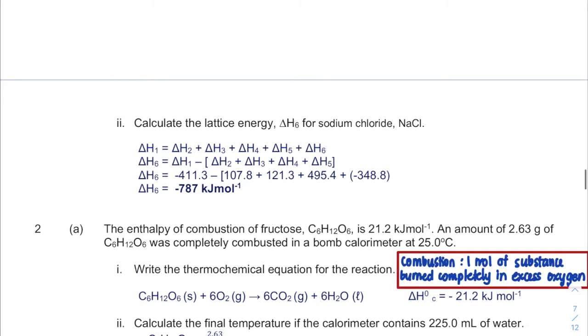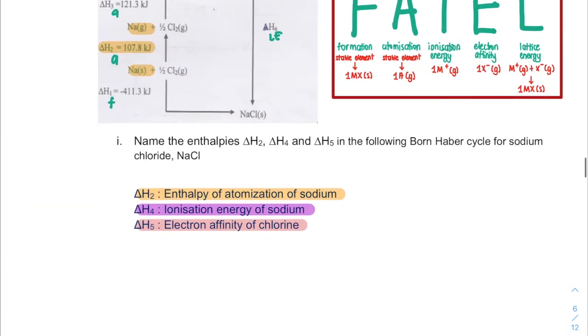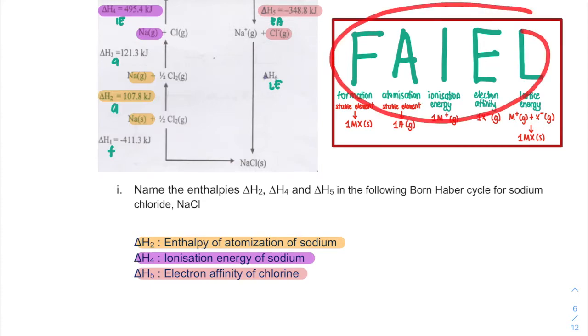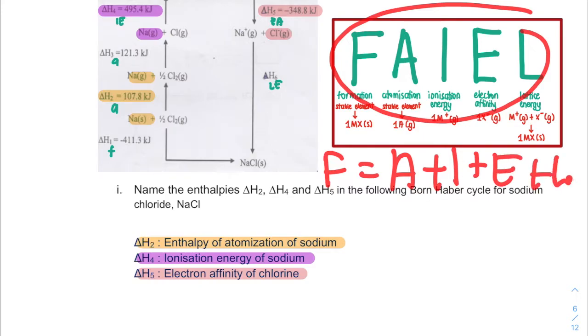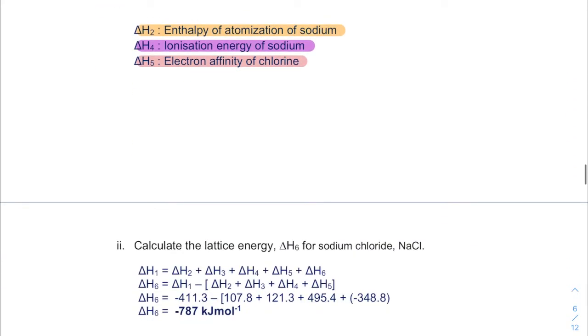Okay, next is to calculate the lattice energy for sodium chloride. To calculate the lattice energy, F is equal to A plus I plus E plus L, where F is the formation. Here, this H1 is our formation previously.